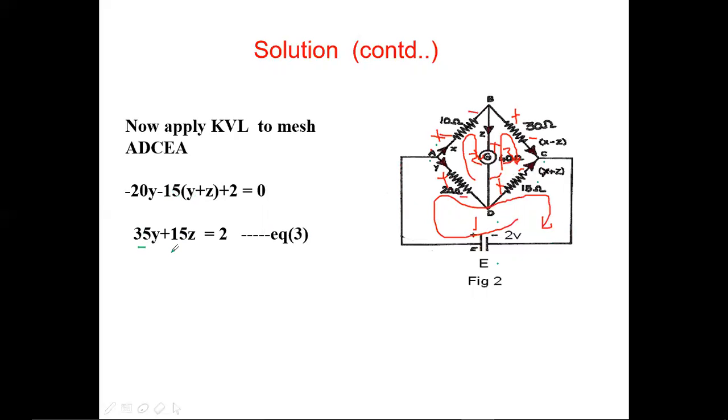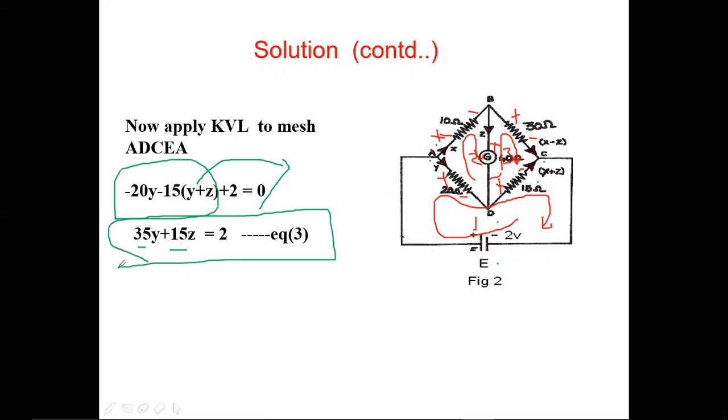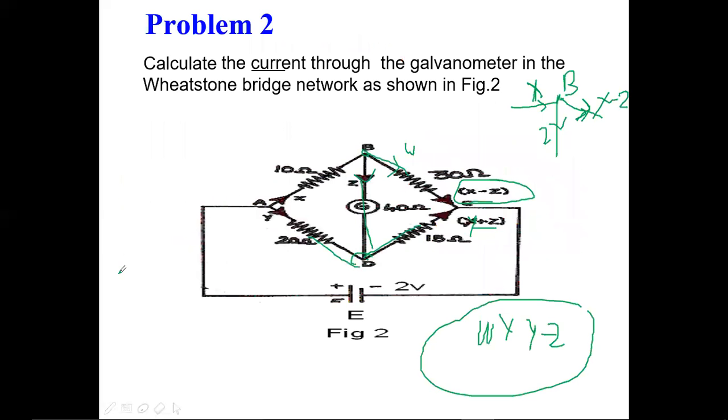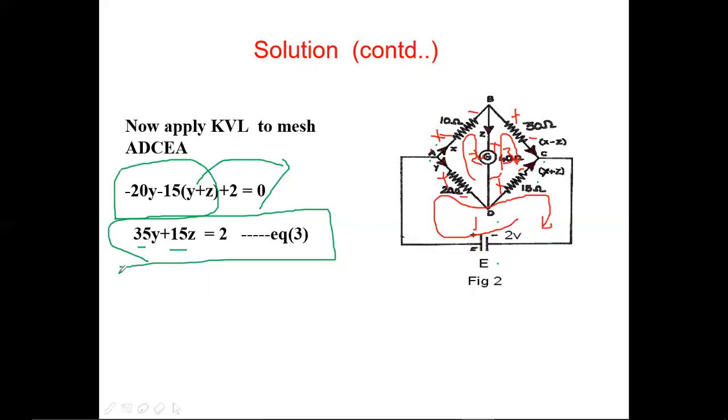Minus 15 into Z is minus 15Z, plus 2. Then the minus terms I'm going to shift to the right side, then they will become plus. This is equation number 1.